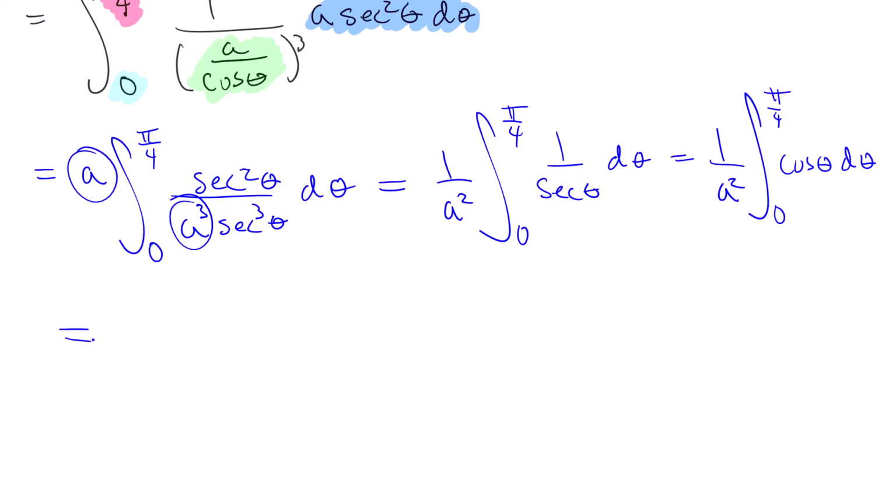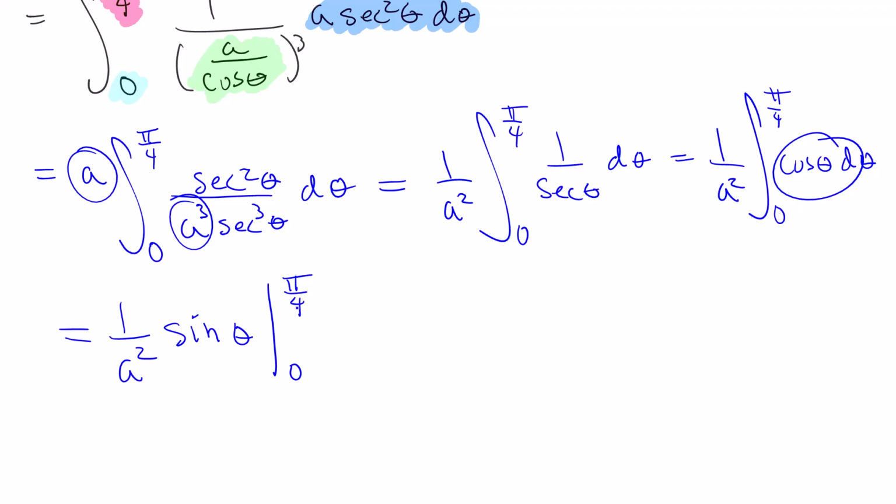Stuff we can do is now in the picture. So let me rewrite this yet again. This is now 1 over a squared times the antiderivative of cosine theta that we know, that's really just sine theta, but we have to do this with our bounds from 0 to pi over 4.